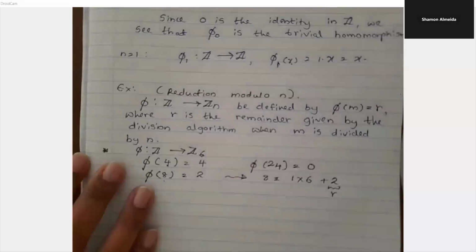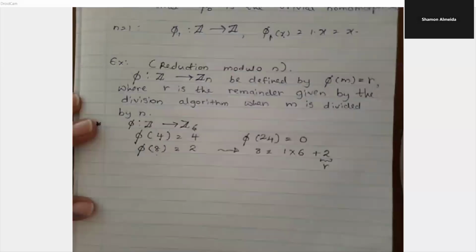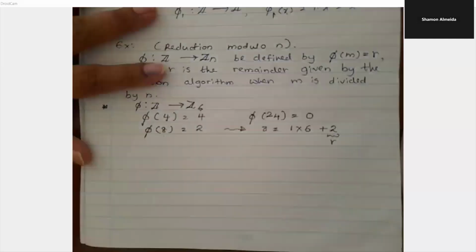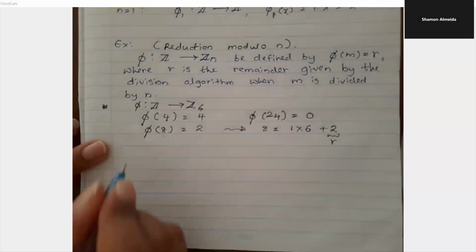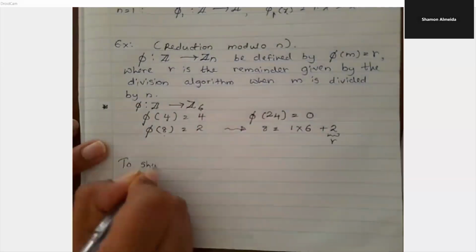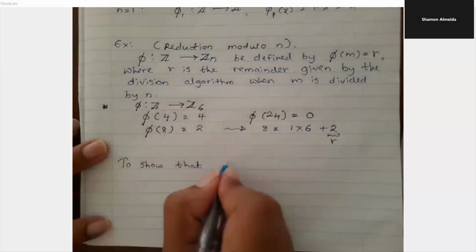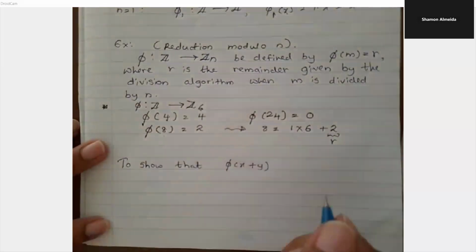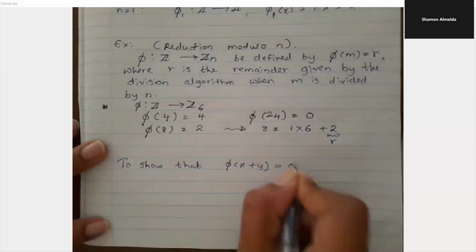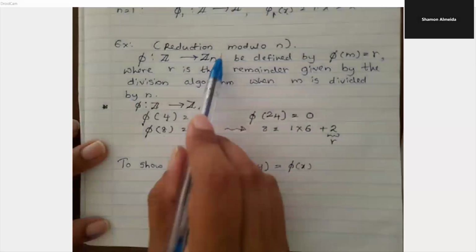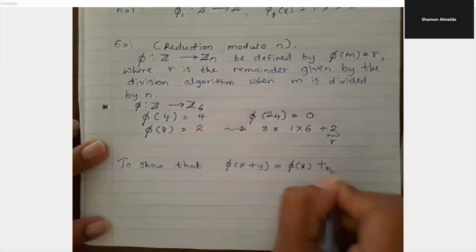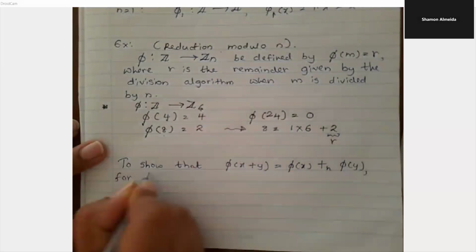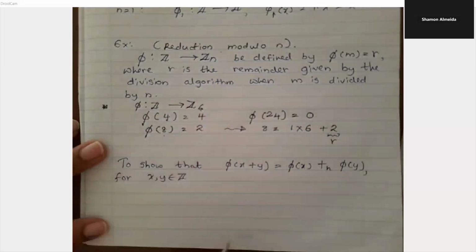Okay, so we write, to show that phi of x plus y, now this is the additive group, for any x, y that you take from Z, equals phi of x, and the binary operation over here is addition modulo n, which will be denoted by this, phi of y, for x, y in Z, right?